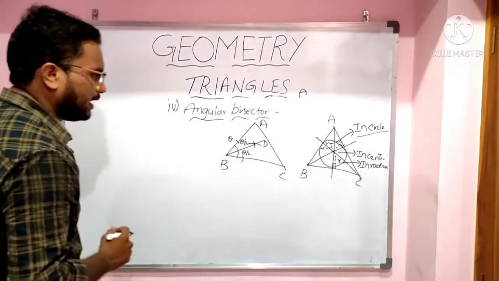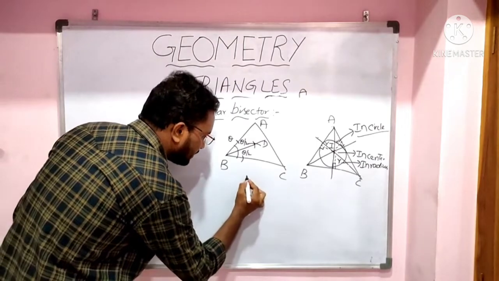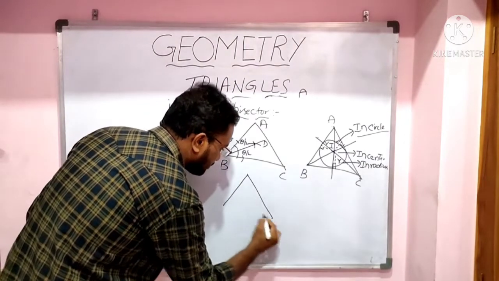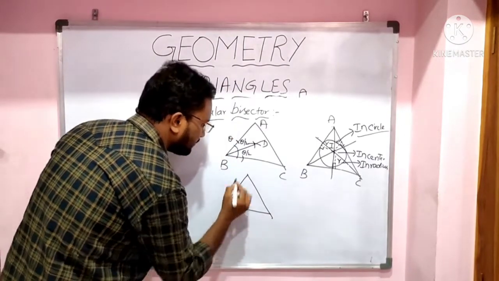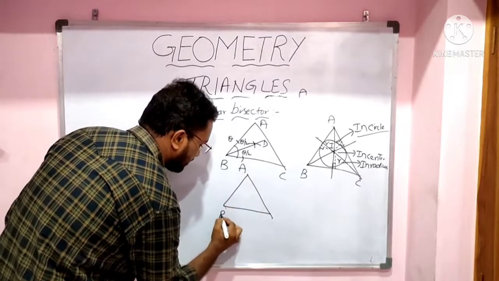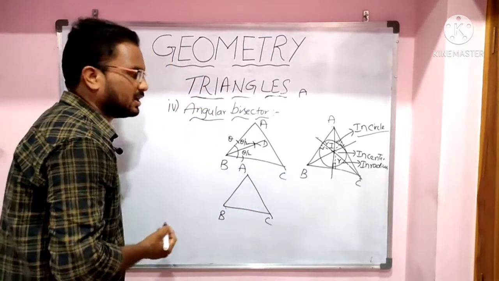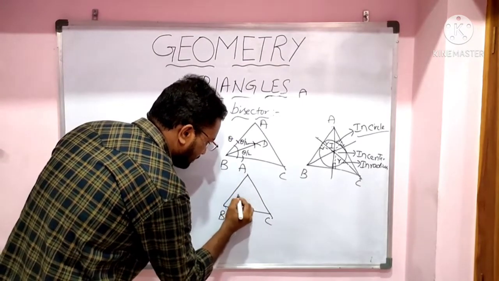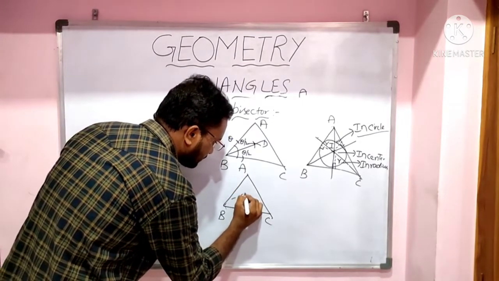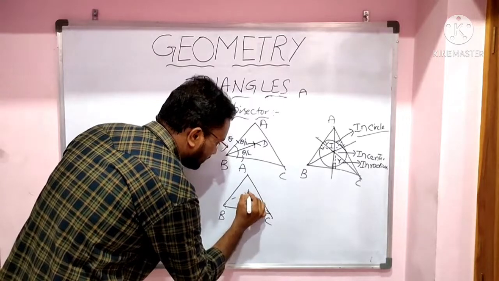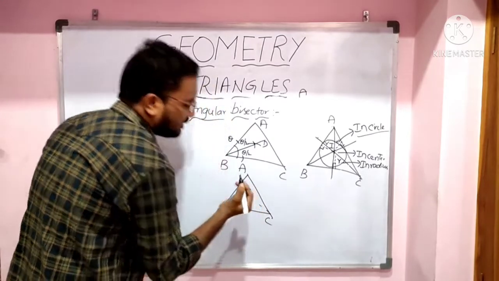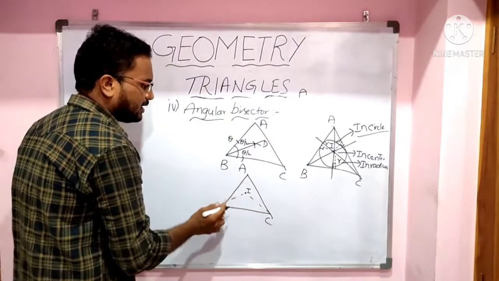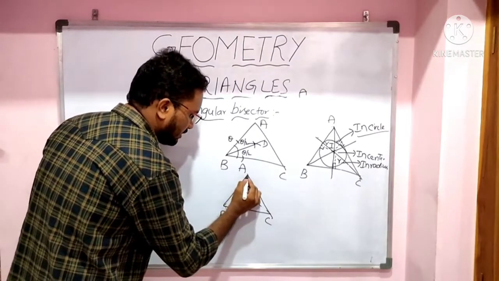Let's say ABC is a triangle and this is I, the incenter.